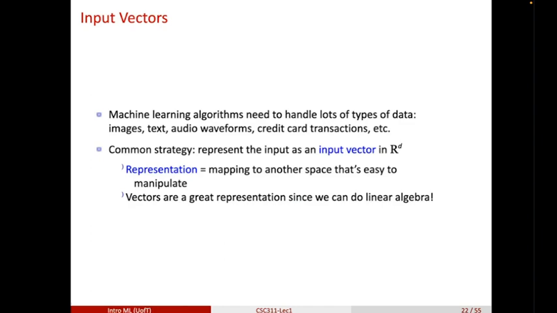Machine learning algorithms need to handle lots of types of data, such as images, text, audio waveforms, credit card transactions, etc. A common strategy is to represent an input as an input vector in R^D, and representation means mapping to another space so it's easy to manipulate. Vectors are a great representation since we can use linear algebra.